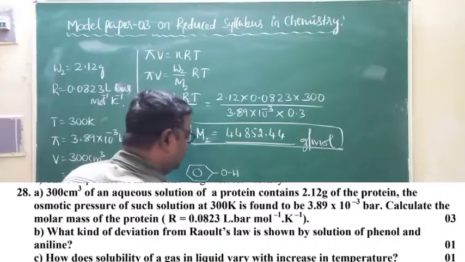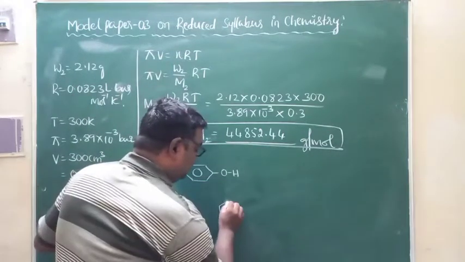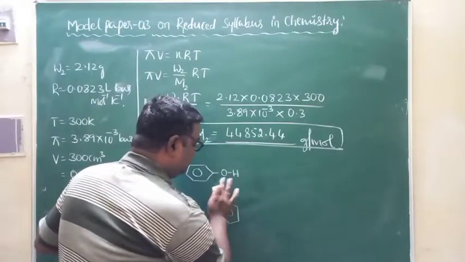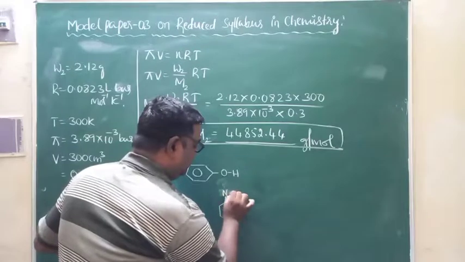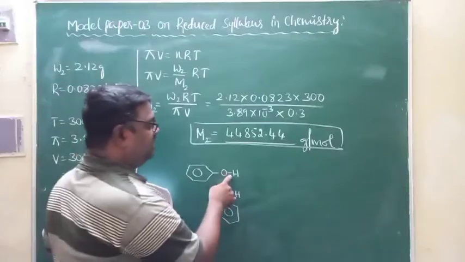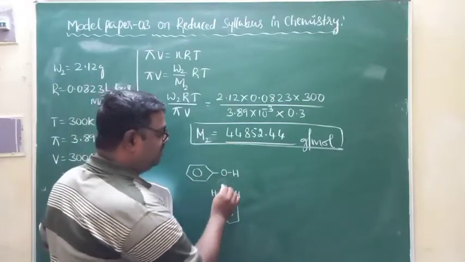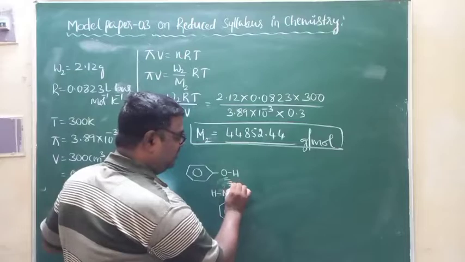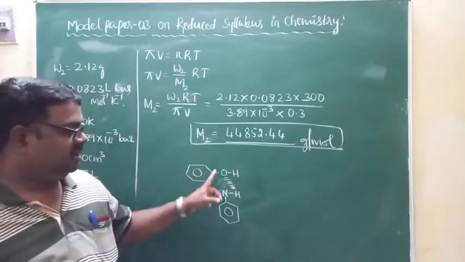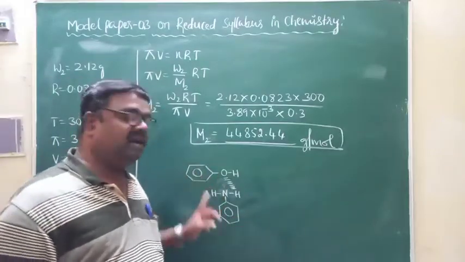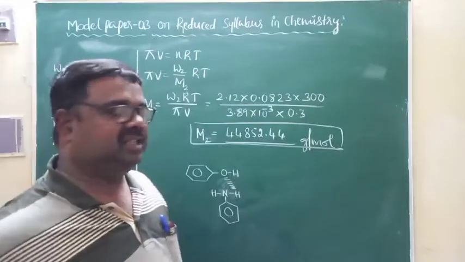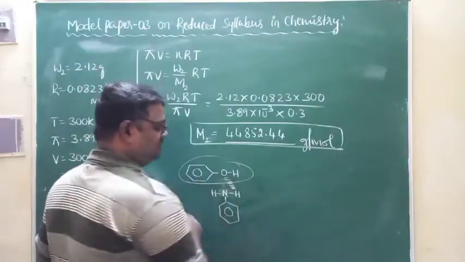When phenol is mixed with aniline, the phenolic part of the phenol will form intermolecular hydrogen bonding with the amino part of the aniline. The intermolecular hydrogen bonding between phenol and aniline is stronger than the intermolecular hydrogen bonding existing among the similar molecules.